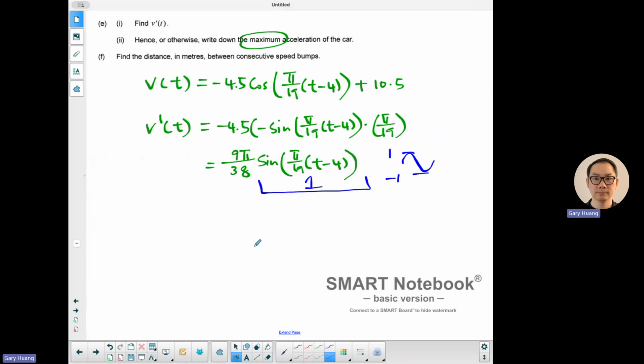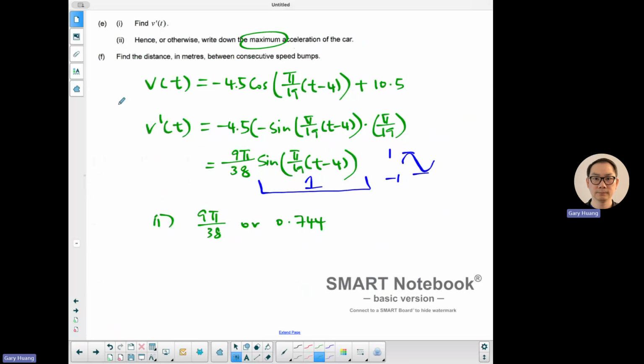So the maximum acceleration would be just 9 pi over 38. Right? If you want to round it off to 3 sig figs, 9 pi divided by 38 on my calculator would be 0.744.